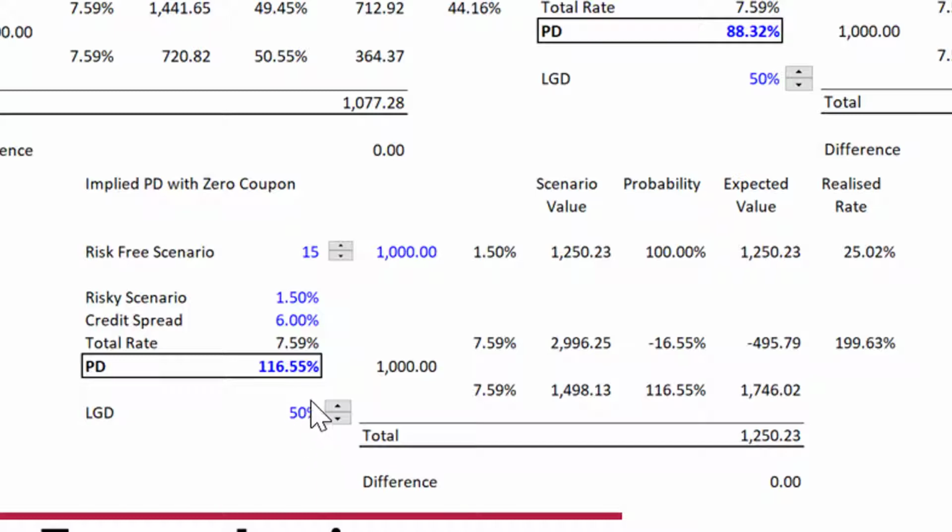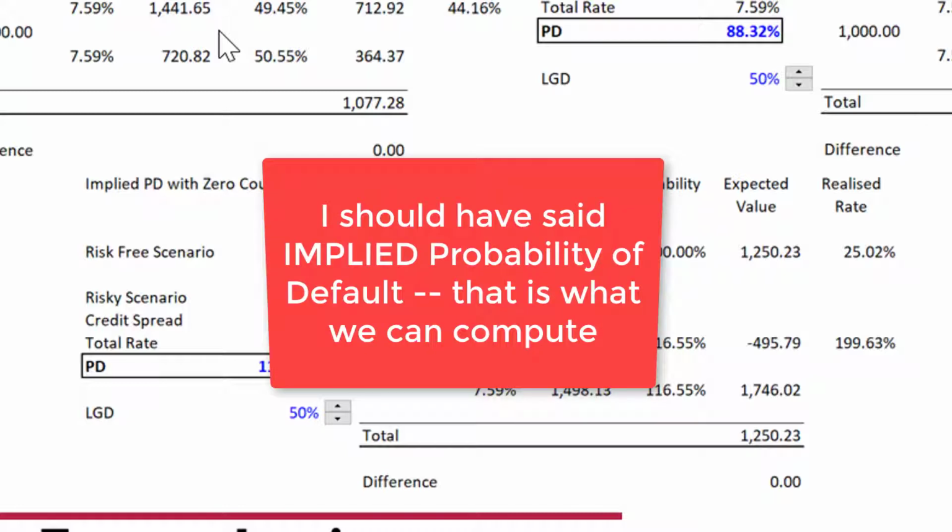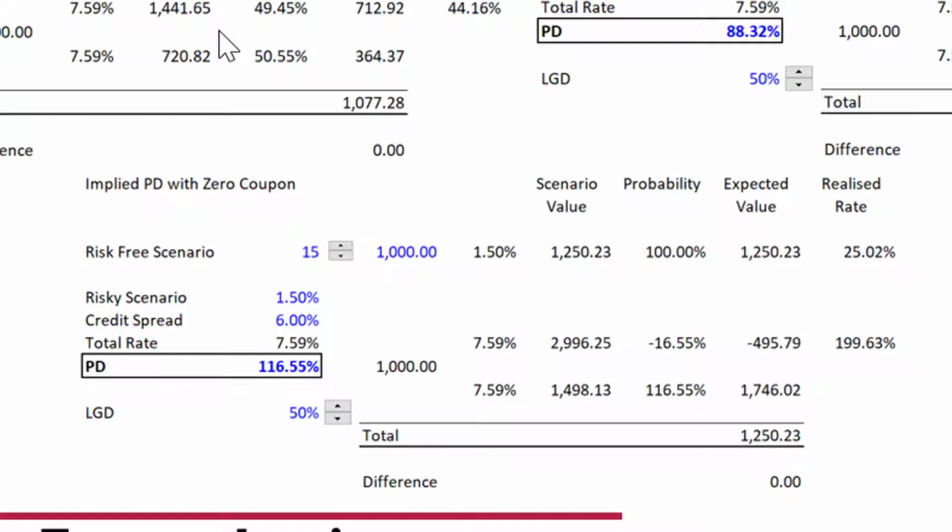That means you have a higher loss given default. But as you go higher and higher, this compounding of the credit spread makes the probabilities of default extremely high. It's simple mathematics. It's not complicated. It takes about 5 minutes to construct this sort of thing.